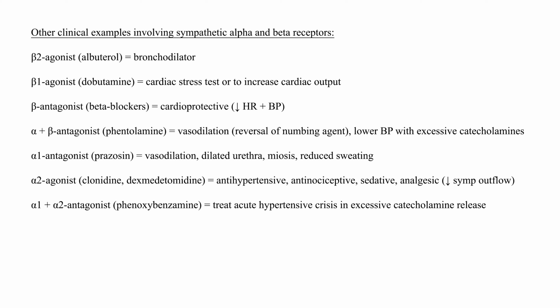Also, if you have the excessive release of catecholamines into the blood, so you have a massive amount of norepinephrine and epinephrine causing vasoconstriction, what you prefer to do in that case for long-term management is to inhibit both alpha and beta receptors.